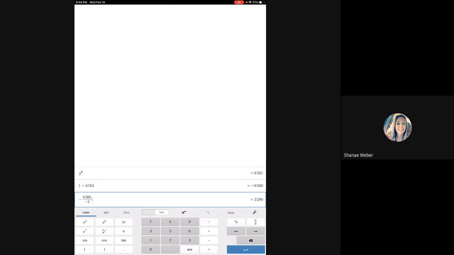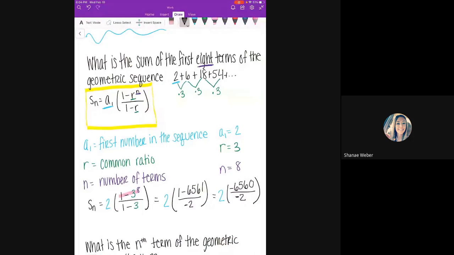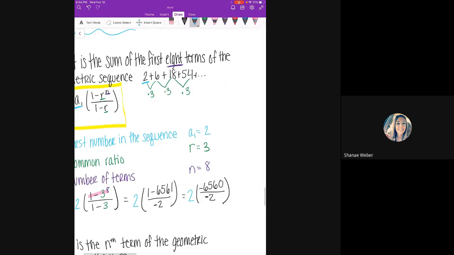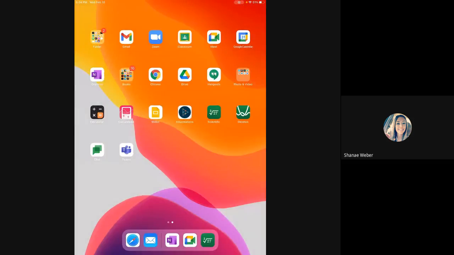So now we have S equals 2 times 3,280. And 2 times 3,280 we can go back to my calculator.